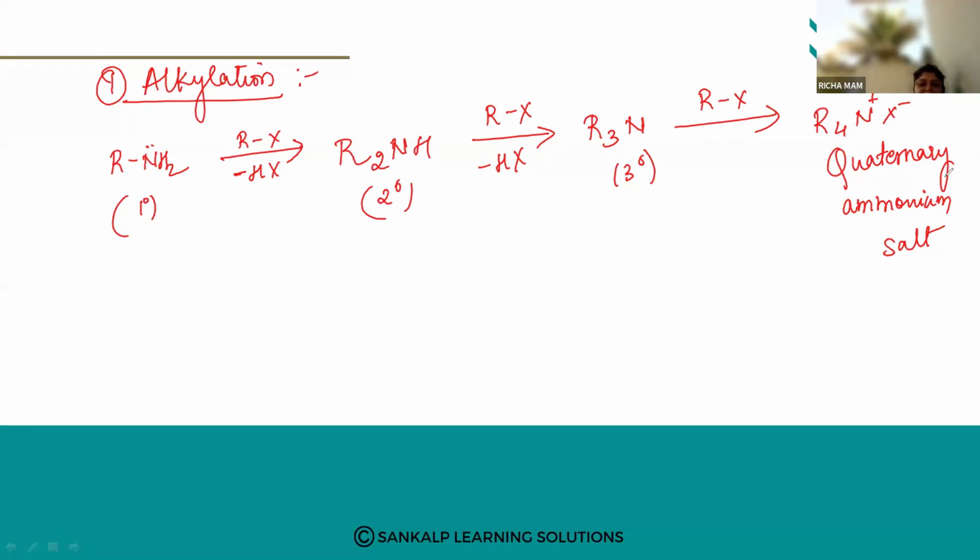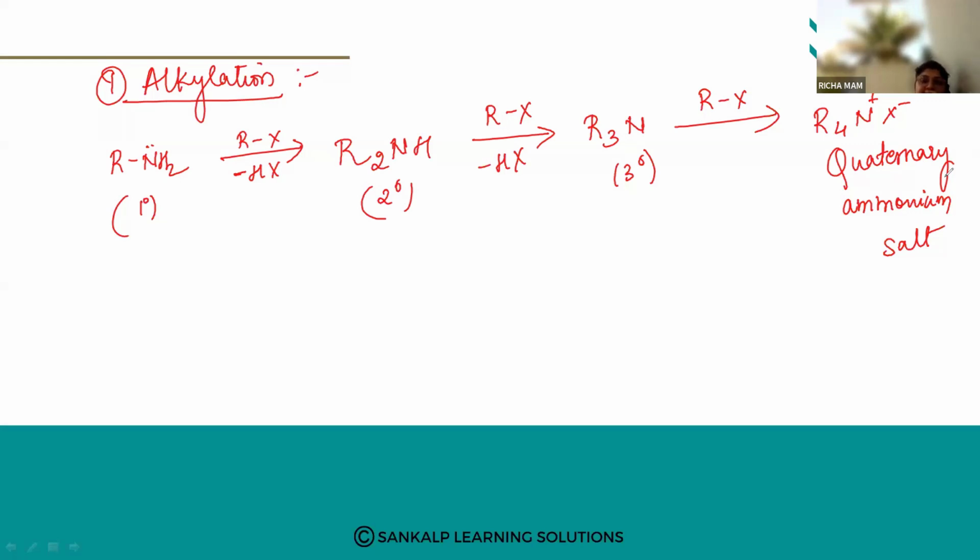So amines react with excess of alkyl halides, and at every step one of the hydrogen atoms of the NH2 group is replaced by the alkyl group.